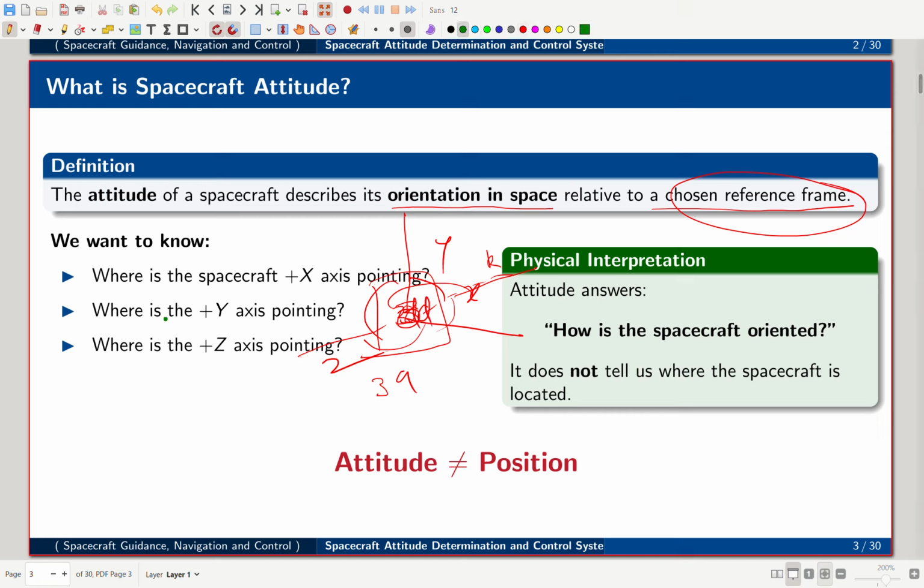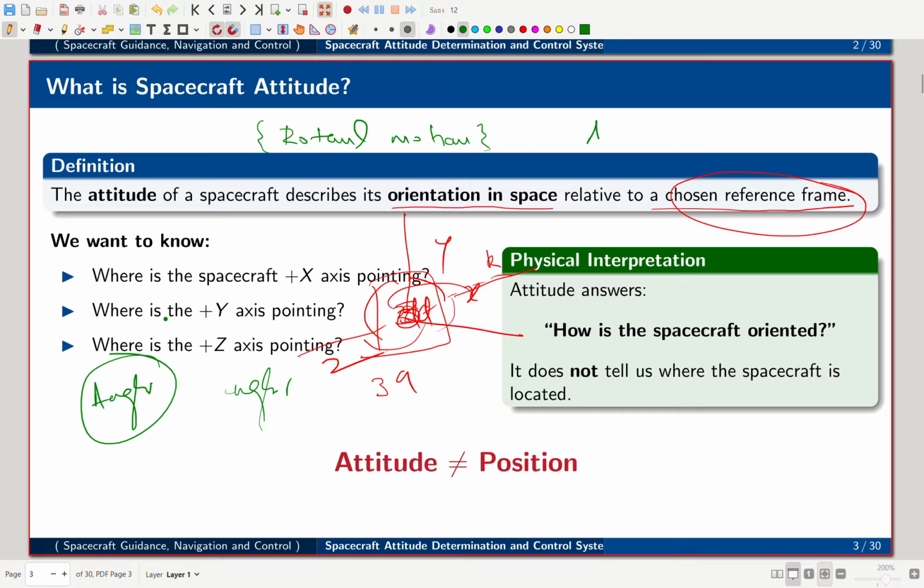In 3D space we require orientation, and this is an angular quantity. When we talk about angular quantity, we deal with rotational motion.